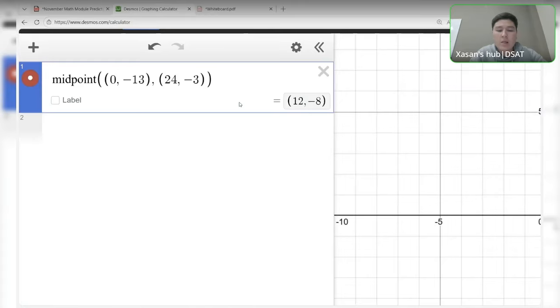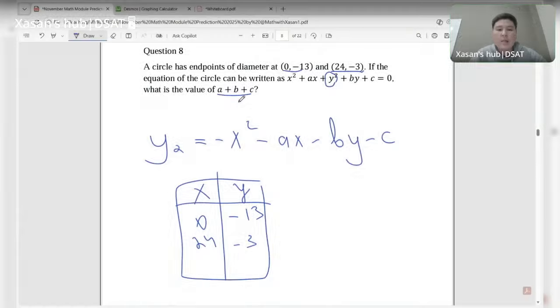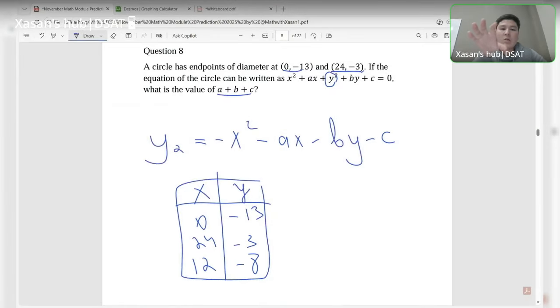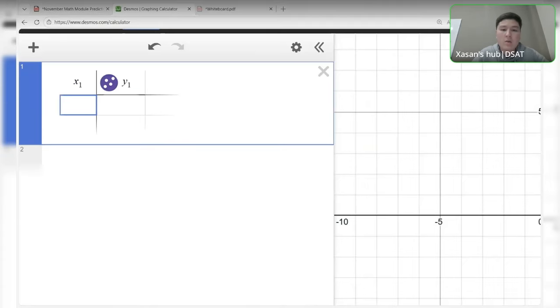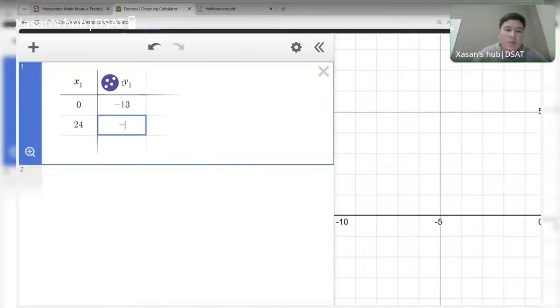So the last point is 12 and -8, and I want to write this in decimals. First, creating the table and entering all the values: 0, -13, then 24, -3, and finally 12, -8.